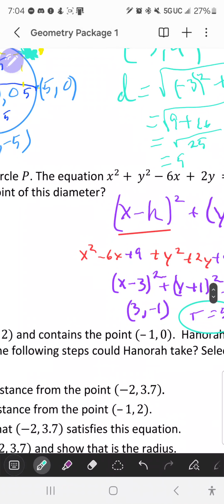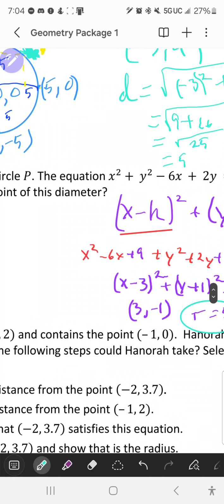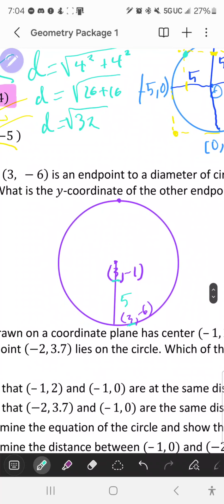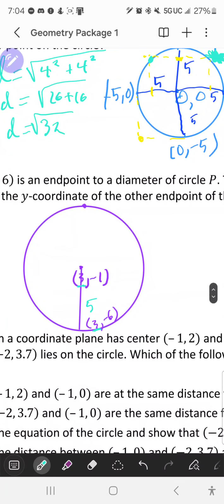Now that we have all of this, the question is asking for the other endpoint of the diameter. And the diameter is just 2 radii that connect with each other and pass through the center. And we know that it's going to be 5 more here.